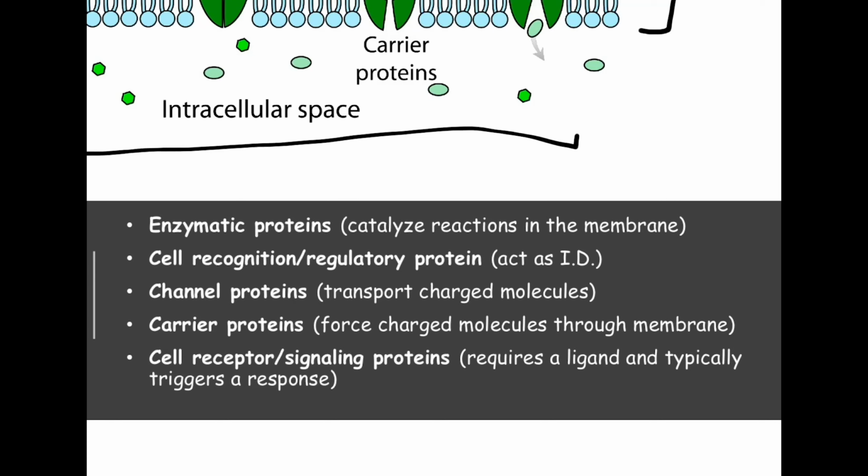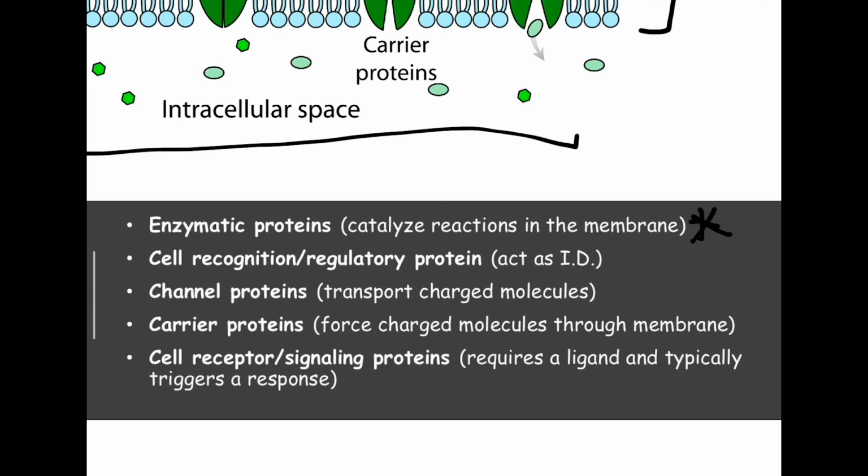The first set of proteins that are found on the membrane or through the membrane are called enzymatic proteins. You know enzymes, they speed up reactions or they carry out reactions. I'll have a video on that for you guys really soon.